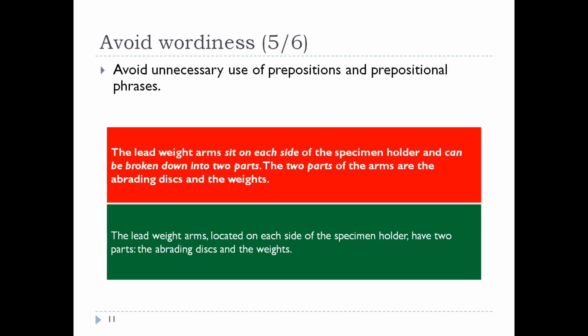Next, we should be avoiding unnecessary use of prepositions and prepositional phrases. You should be using prepositions with care, because you're adding extra words when you use them. Look at these two examples. The lead weight arms sit on each side of the specimen holder and can be broken down into two parts.